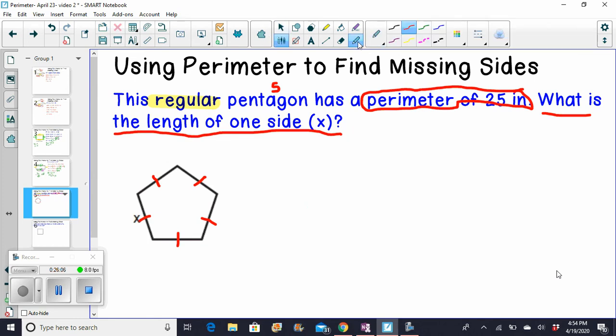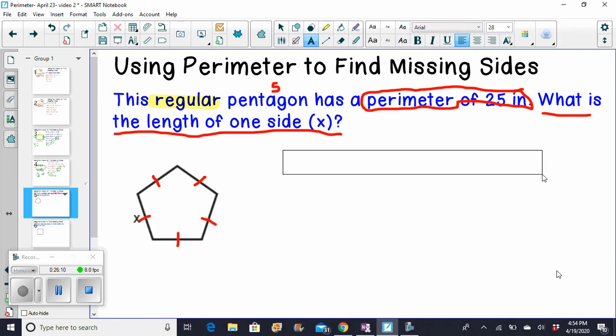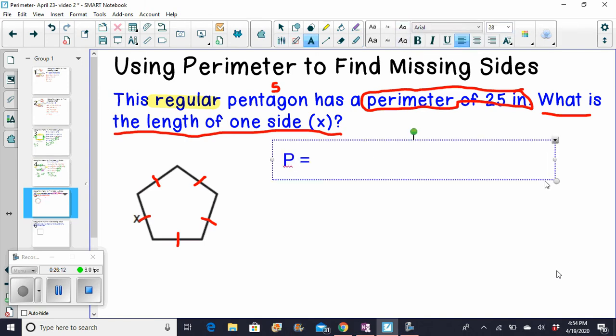Okay, so 5 sides, let me get my text tool here. If I have 5 sides, that means that perimeter would equal the first side plus a second side, plus a third side, plus a fourth side, plus a fifth side. There we go. That's really what you're doing, right? And we know that all of them are exactly the same.